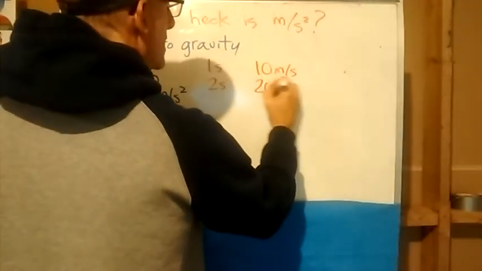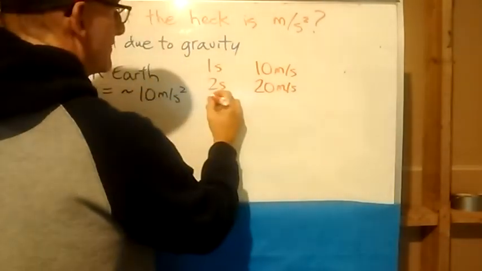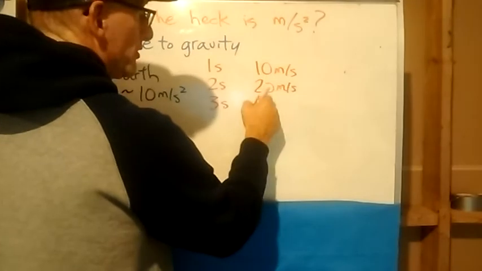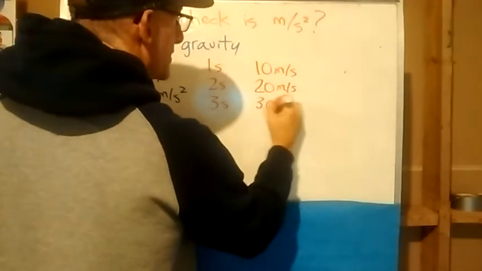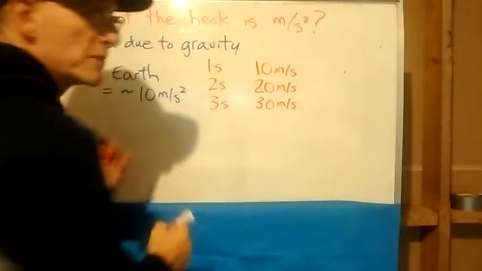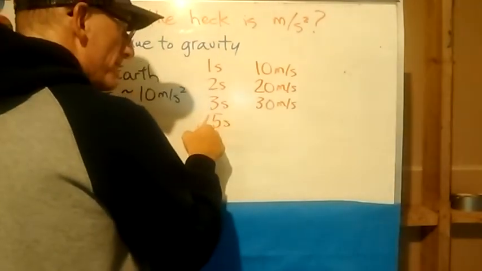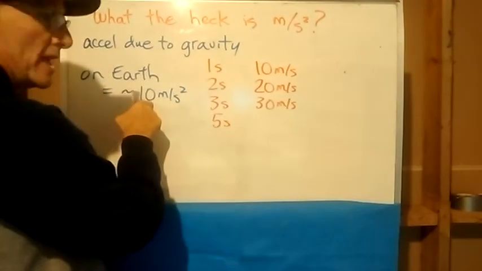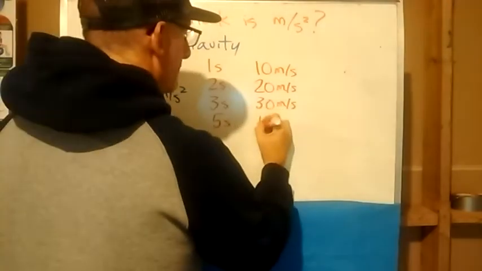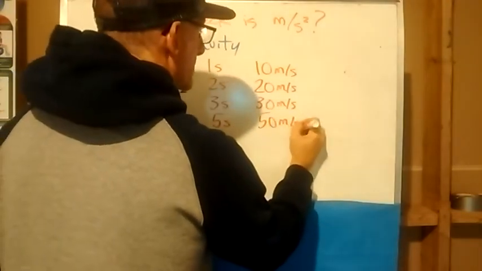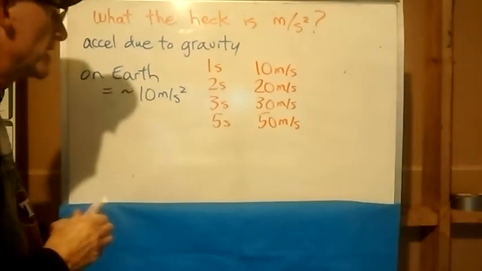So it'd be 20 meters per second. After 3 seconds, it would be 20 plus another 10, which is 30 meters per second. If it was after 5 seconds, then it would be 5 times 10. So it would be 50 meters per second, because it fell for 5 seconds.